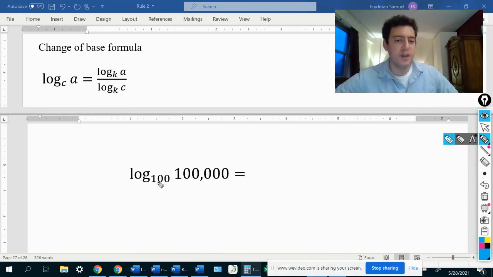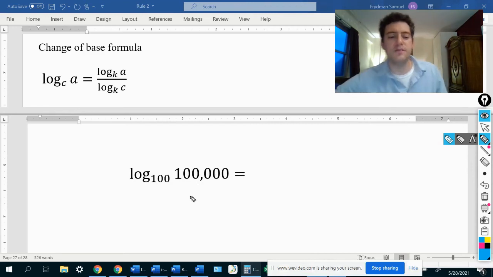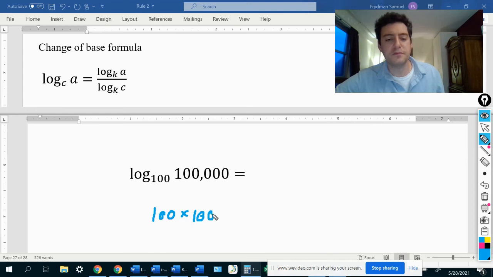Okay, again, if I want to do the log of 100,000 with a base of 100, so I'm asking myself, 100 raised to what power gives me 100,000? Well, let's see. If I did 100 times 100, that would be 10,000. So I'm a little under, right? I want 100,000.